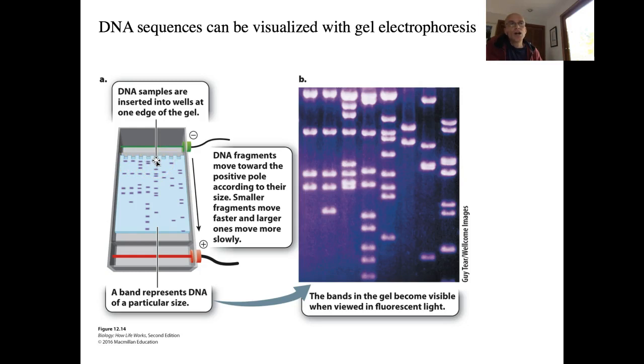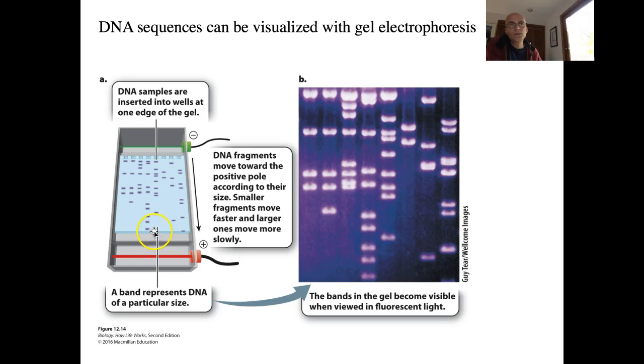And then along the lane, you see the separation of DNA pieces of different sizes, with the largest size at the top of the gel, which has taken the most time to start wiggling itself through the gel. And the smallest piece is at the end of the gel.